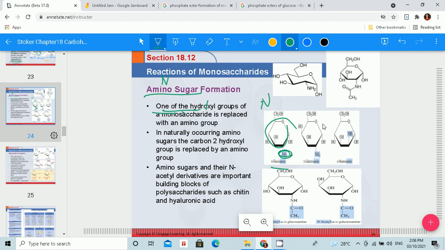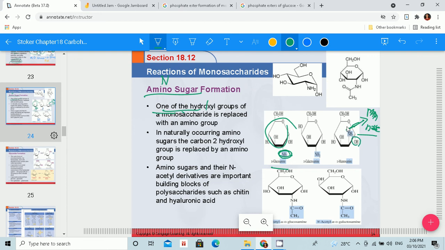Glucosamine, and then this one is our galactose, so galactosamine. And then the third one is mannose. This one is our hexose mannose. We call this one alpha mannosamine. Alpha because the OH is below the ring.